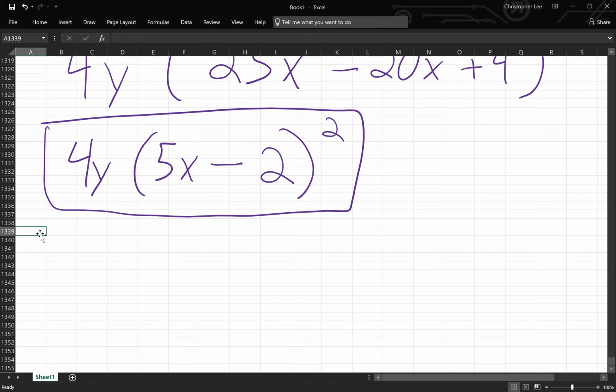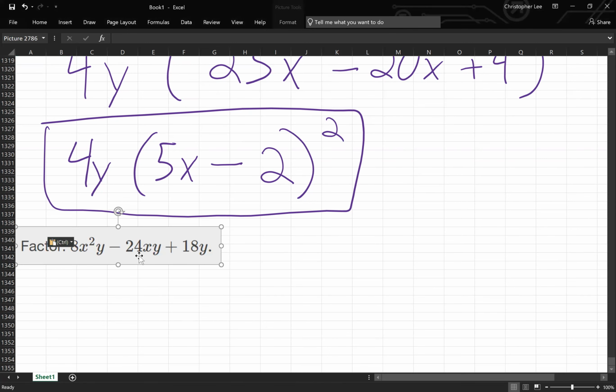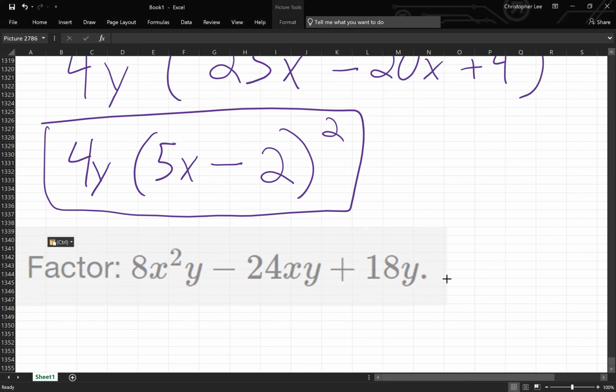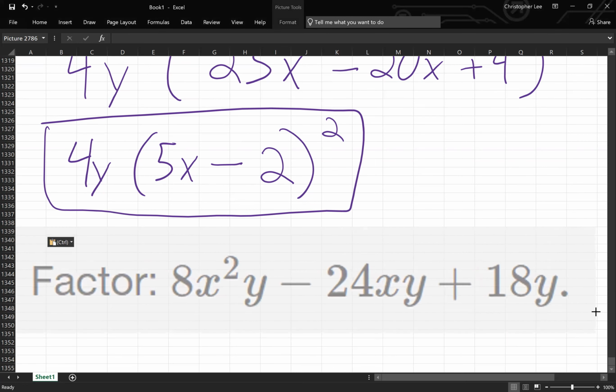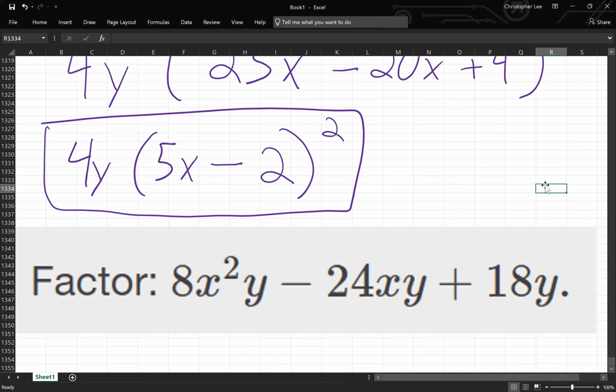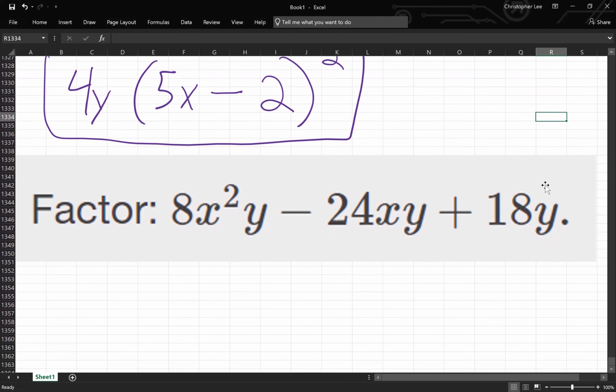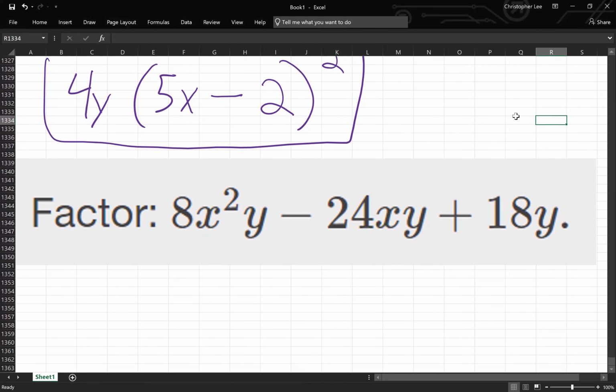Let me give y'all a little bit of an easier one. Try that out. What's my greatest common factor there? 2, okay. 2y, good.